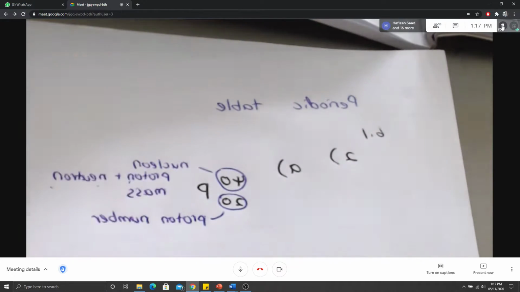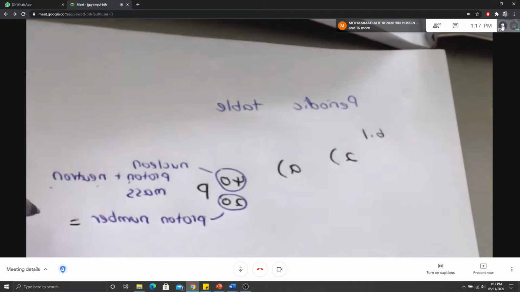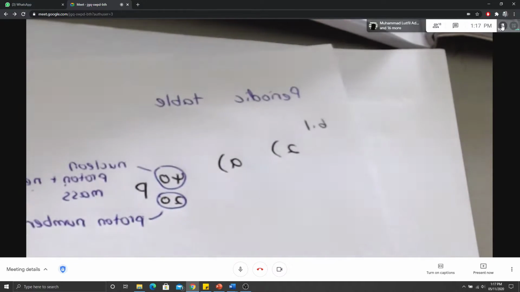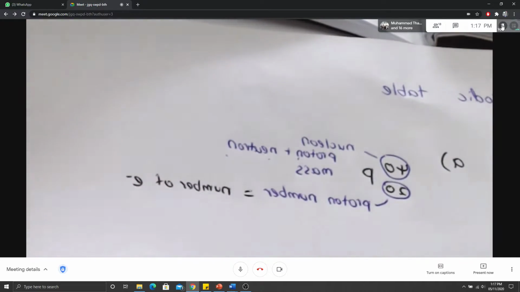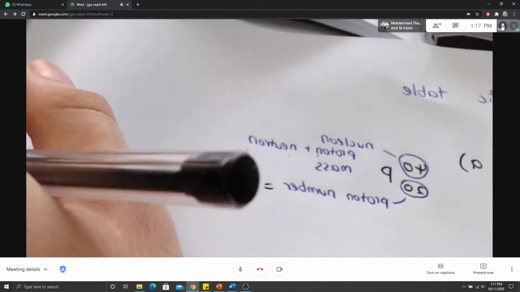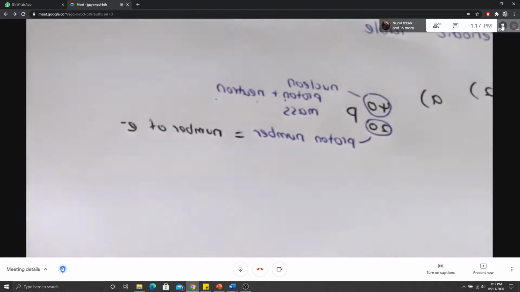Why do we take the proton number? Because it is equal to the number of electrons. Okay. So now we just need to do the electronic configuration.